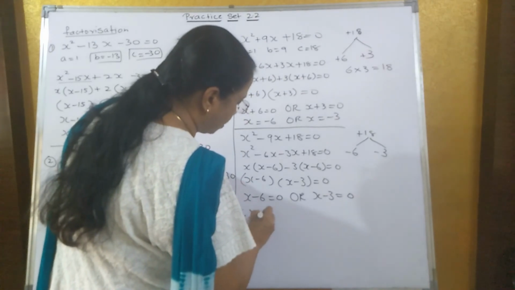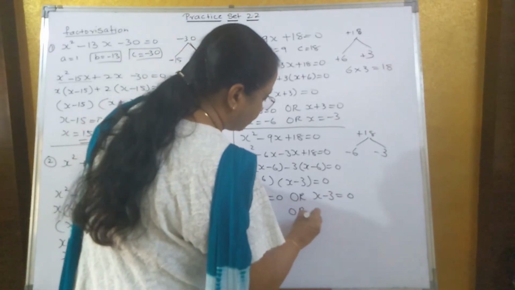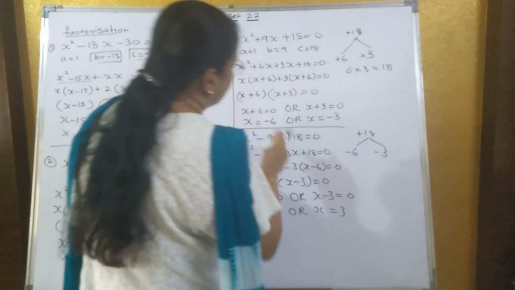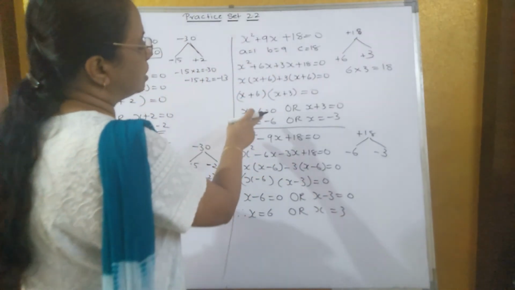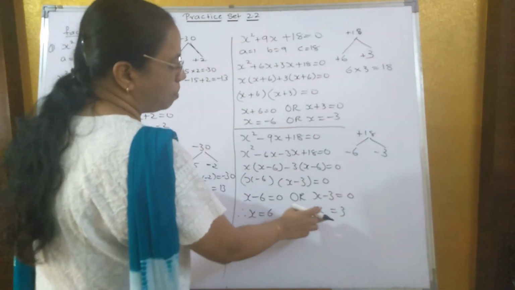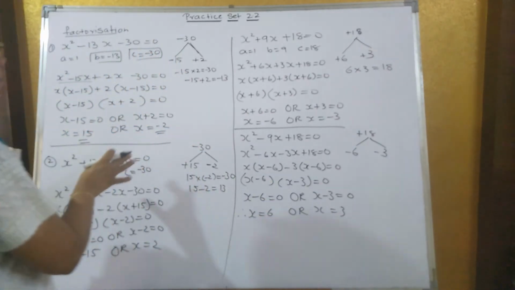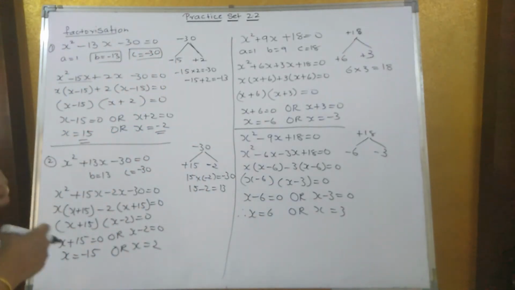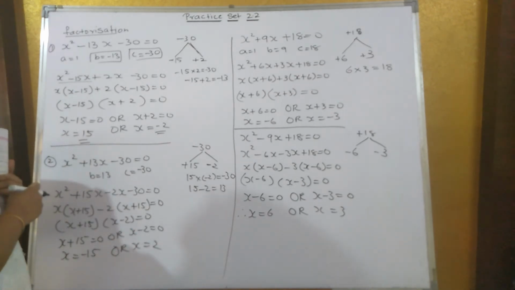Therefore x = 6 or x = 3. So the answers are the same, but earlier both were negative and here both are positive. So these are the 4 ways of breaking the middle term and finding the factors. This is one of the methods of factorization.